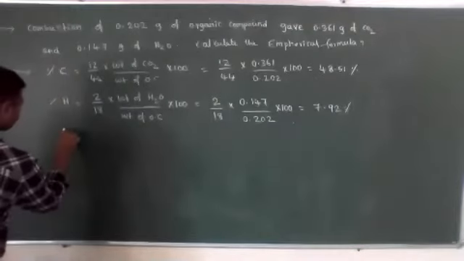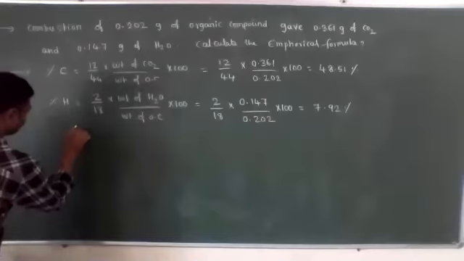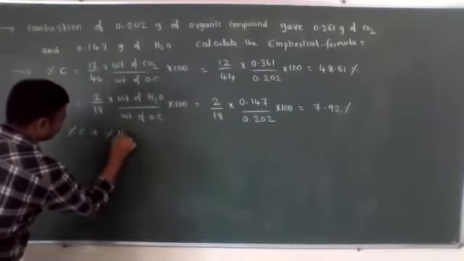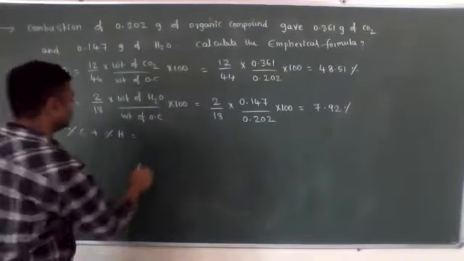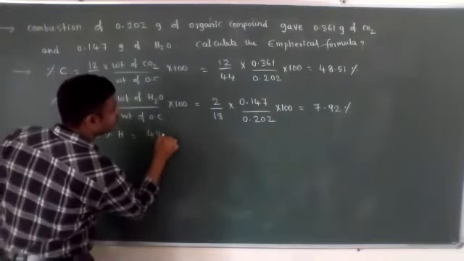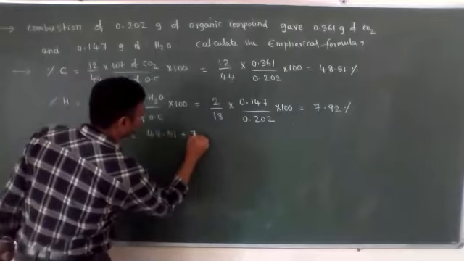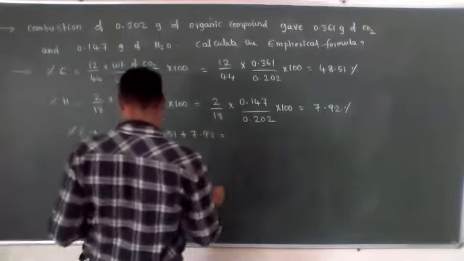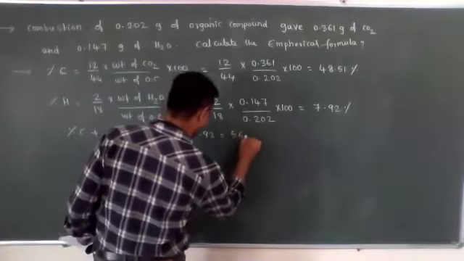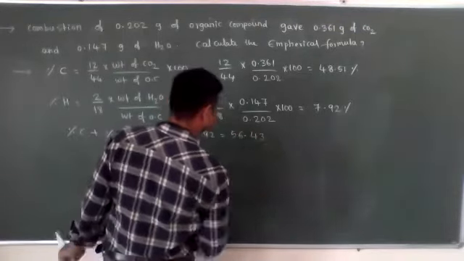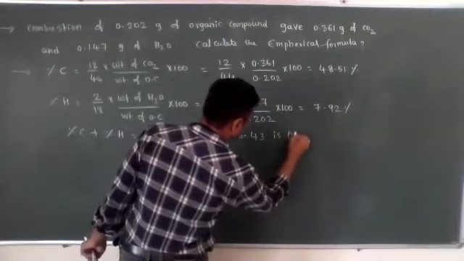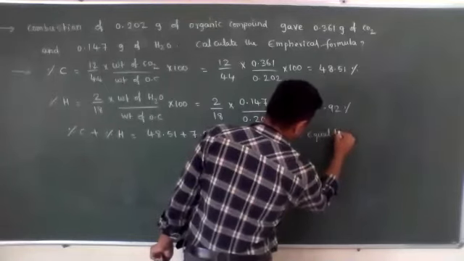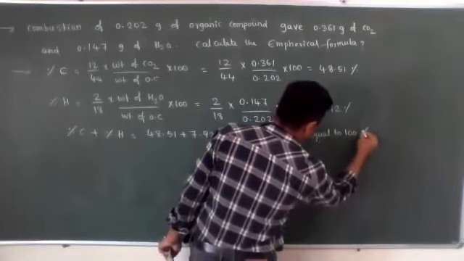Therefore, percentage of carbon and hydrogen is equal to 48.51 plus 7.92 is equal to 56.43, which is not equal to 100 percent.